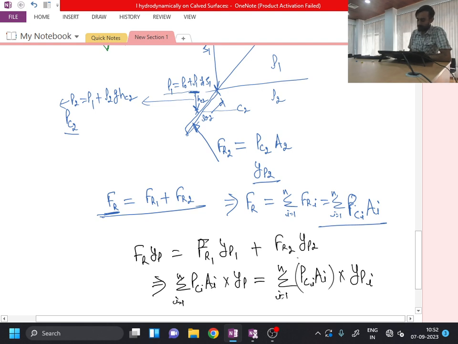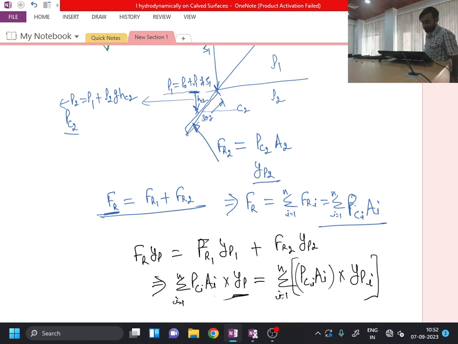Okay, so the entire summation of this will give me nothing but the center of pressure, or I can say the line of action of the net resultant force.